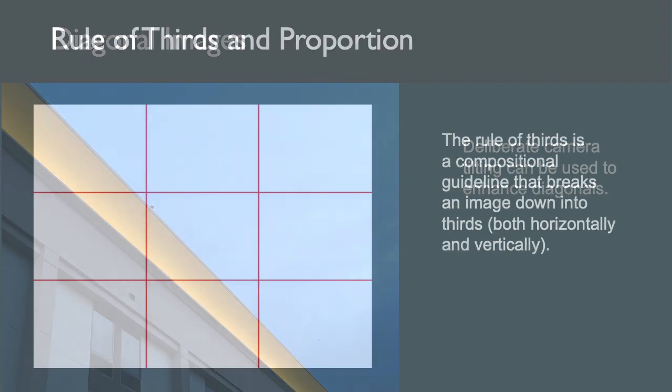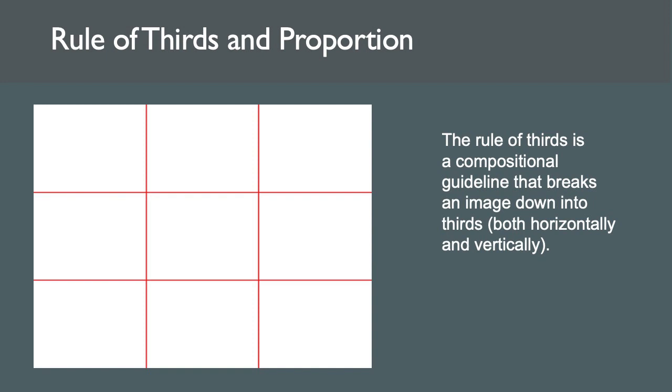The rule of thirds is a compositional guideline that breaks an image down into thirds, both horizontally and vertically. Proportion refers to the size relationship of visual elements to each other and to the whole picture. One of the reasons proportion is often considered important in photography is that viewers respond to it emotionally.